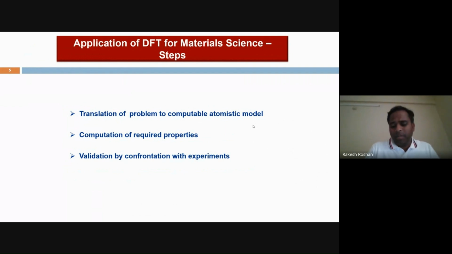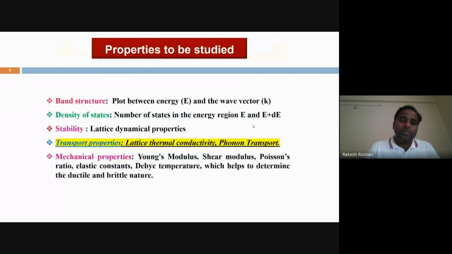Theory and experiment should have a good synergy; they should go hand in hand. Then we will be able to predict good properties, and we can obtain advanced functional materials using this methodology. What properties could be studied in general? We can study the band structure of a material.